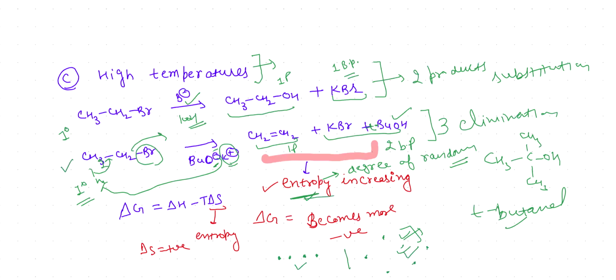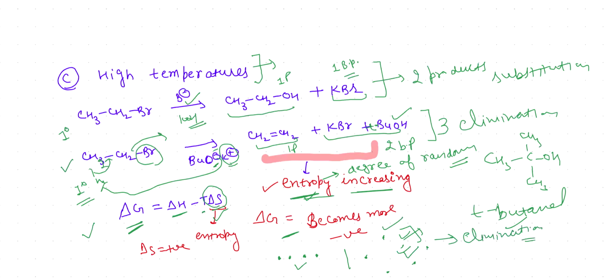See this equation: delta G gives free energy, delta H is enthalpy, T is the temperature, and delta S is the entropy. If entropy is increasing, then delta G will be more negative in the case of elimination reactions. If delta G is more negative in elimination reaction, then obviously it will favor elimination reaction.